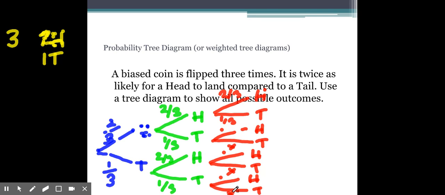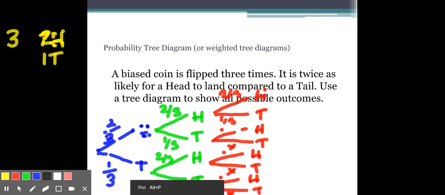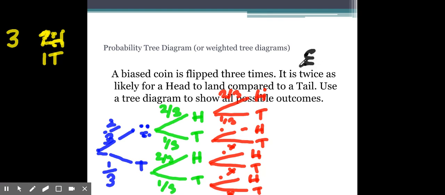Now, when it comes to writing the sample space, so a list of all the possible outcomes, it is much the same. Head, head, head. Head, head, tail. Head, tail, head.